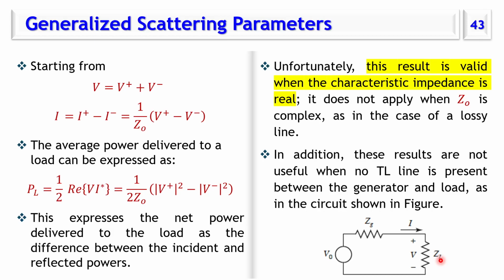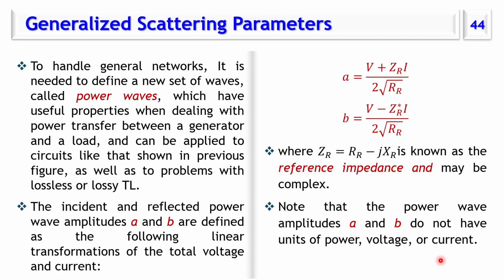So the search for a more general scattering matrix was needed, and they reached a generalized scattering matrix using Bauer waves. The Bauer waves define an incident Bauer wave and a reflected Bauer wave. The incident Bauer wave is A, the reflected Bauer wave is B, and the definition for A and B has this expression where ZR, the reference impedance, can be complex.